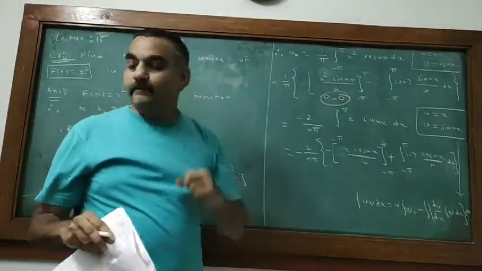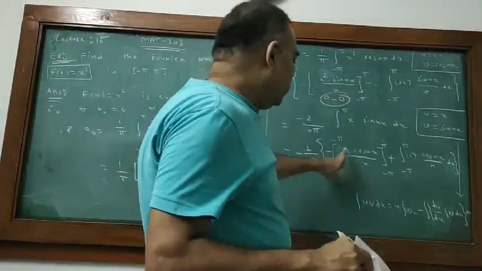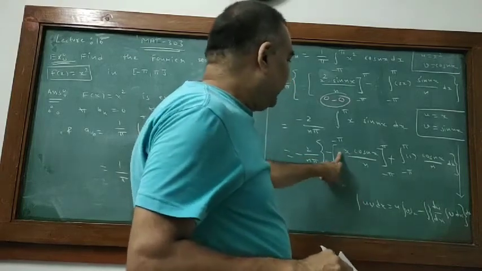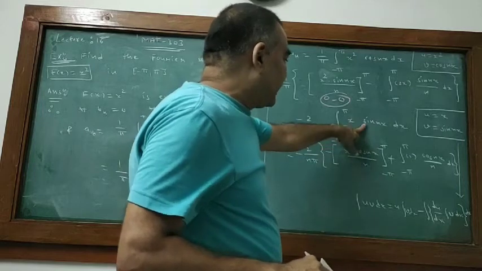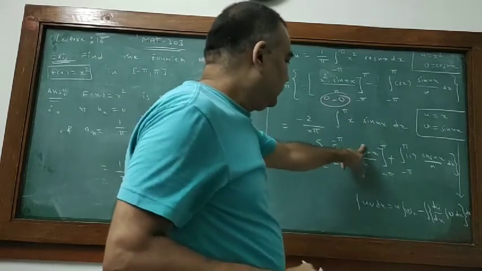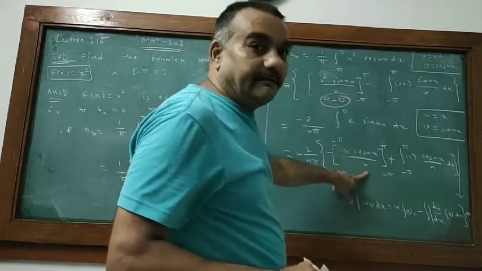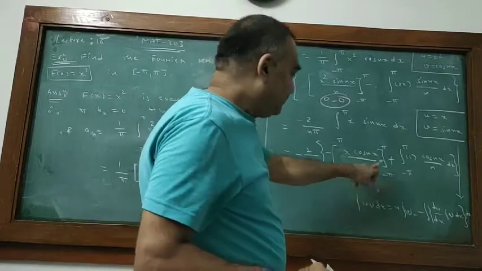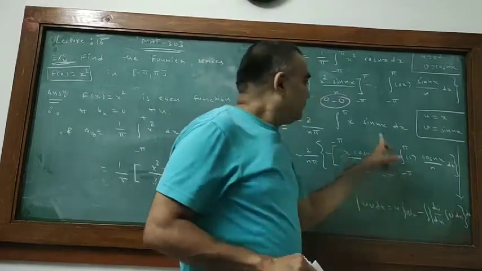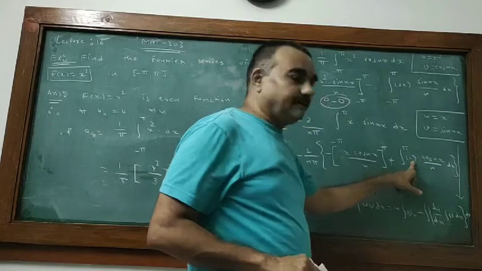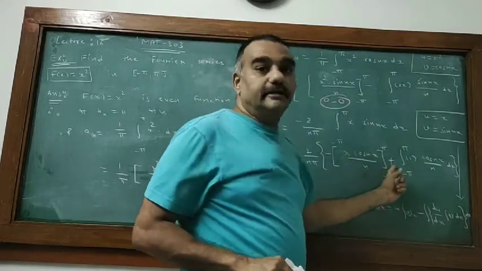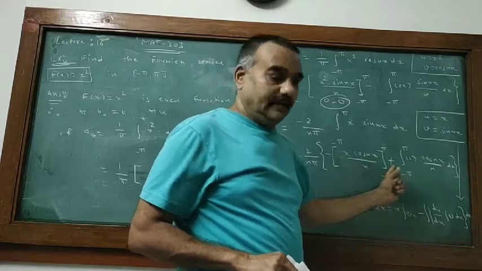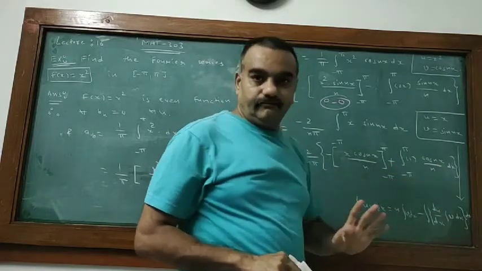See here, u as it is, u is x, integration of sin is minus cos. Actually there is a minus, but differentiation of x is 1, integration of sin is minus cos, and though it is minus, minus becomes plus, so it is cos nx upon n.